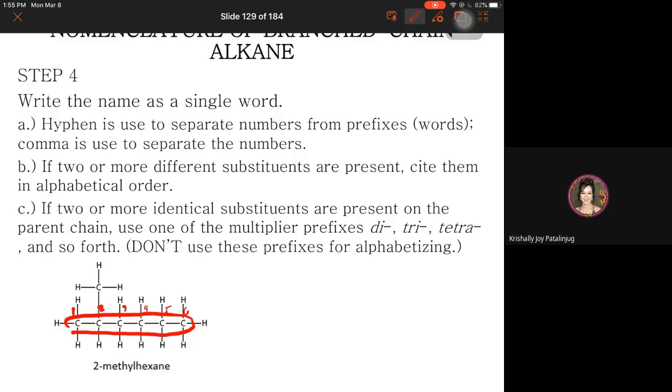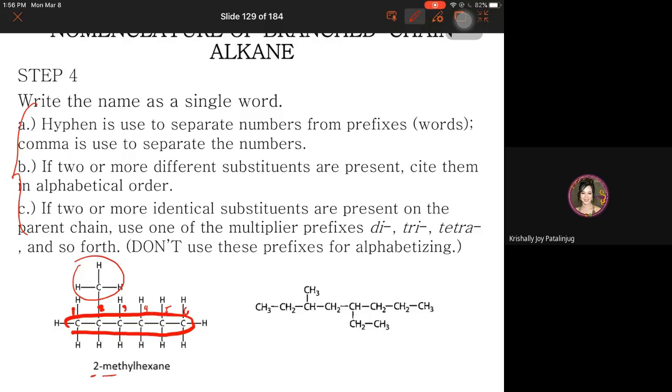Katong mga number that will help us identify the substituents. So, sa carbon 2, merong methyl. So, when you name, i-apply lang ni siya. Hyphen will help us separate number from a word. Then, one word lang yun din siya. 2-methyl hexane.